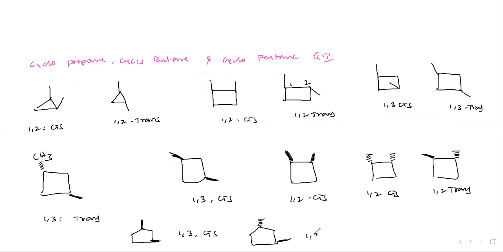What is this? 1,3 trans. Cis has thick, thick. Then if it is a thick line and dotted line, what is this? 1,2 trans. Right? 1,2 cis. Is it clear? Any doubts? Anurag, any doubts? All understood?